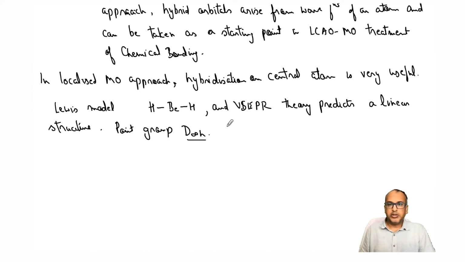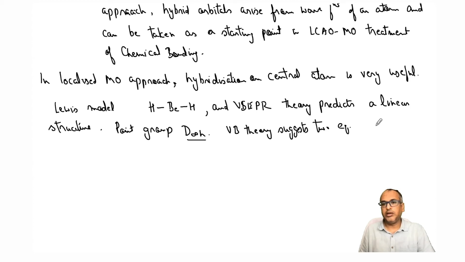Also VB theory, valence bond theory, suggests two equivalent Be-H bonds, right? Because the structure is linear, the two bonds have to be of similar type or similar energy, so these will be equivalent.